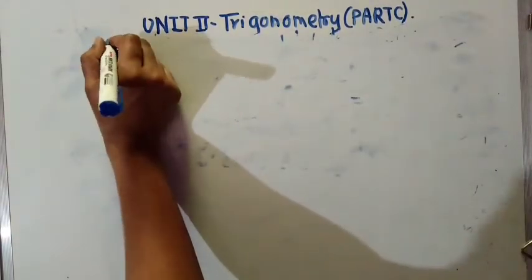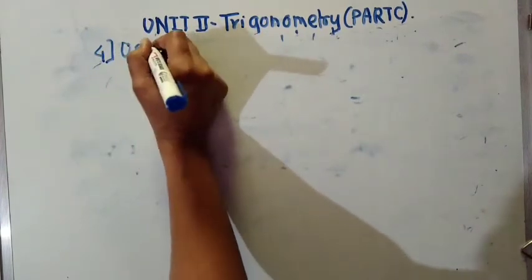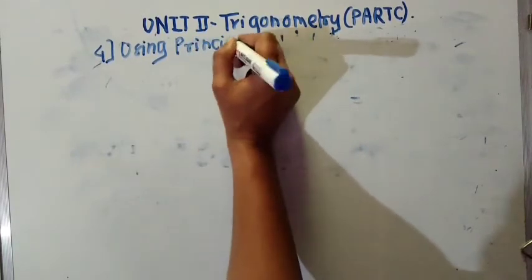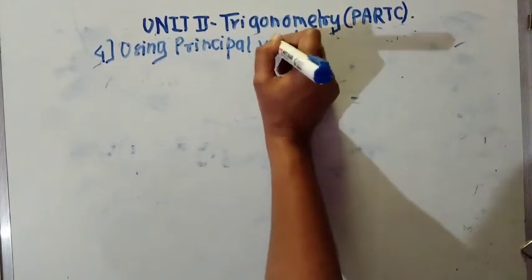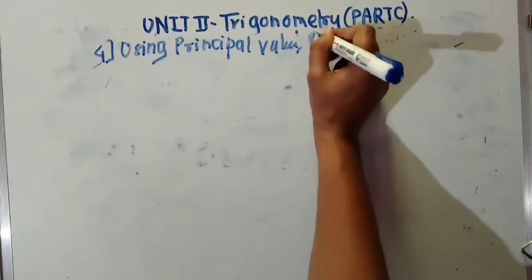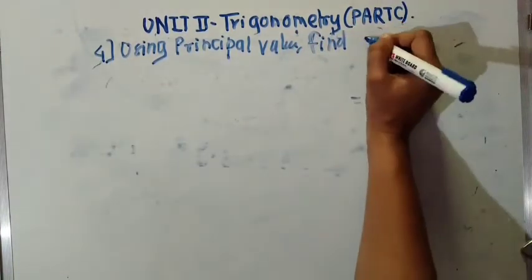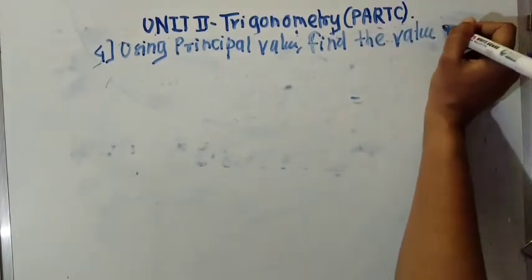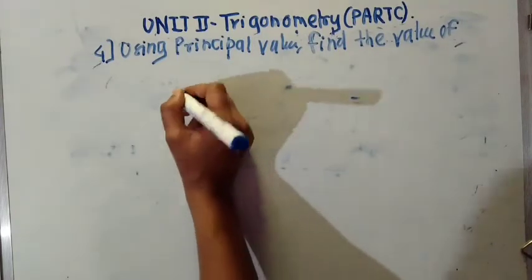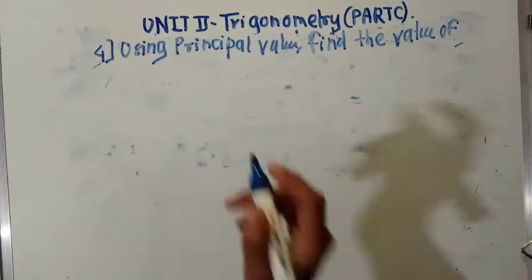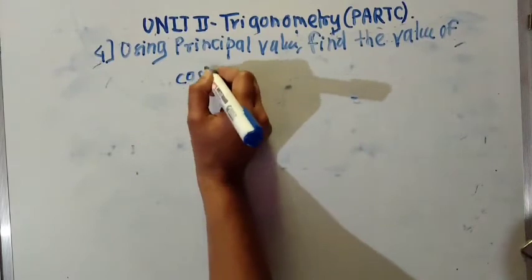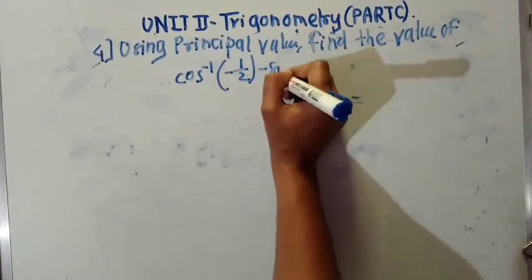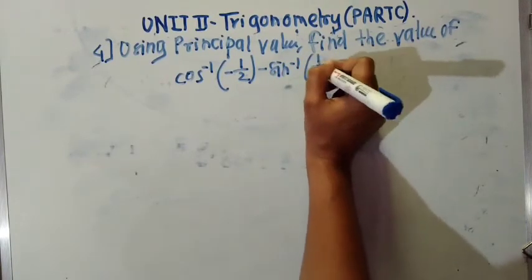Example 4. Using principal values, find the value of cos inverse of minus 1 by 2 minus sin inverse of 1 by 2.